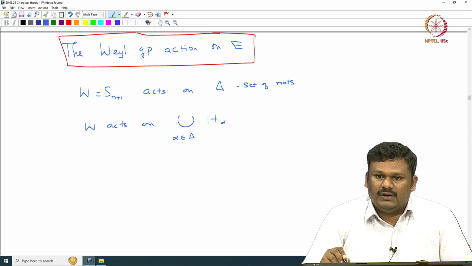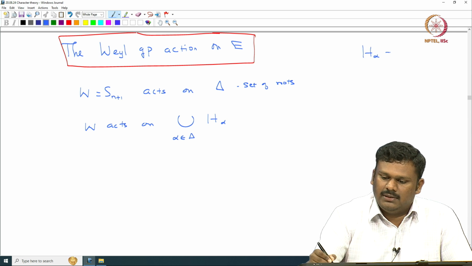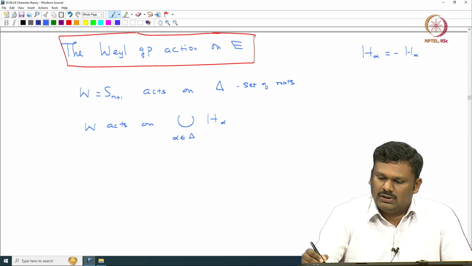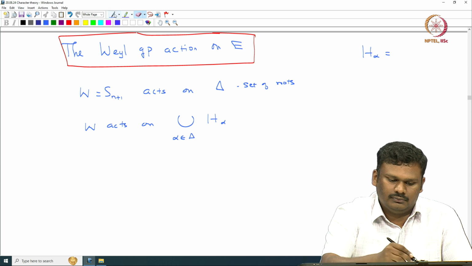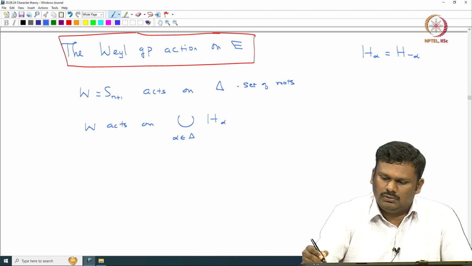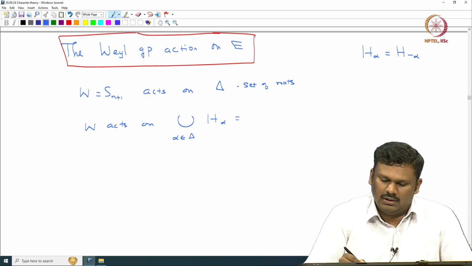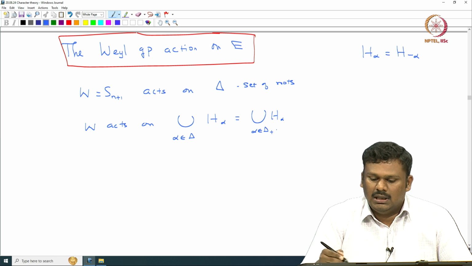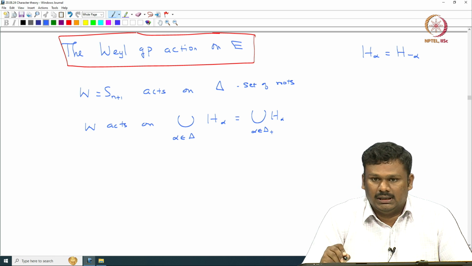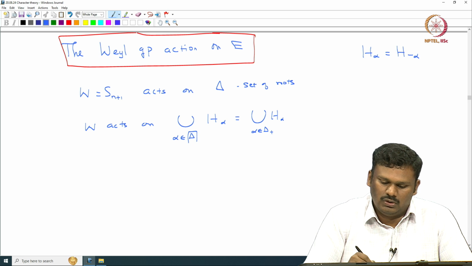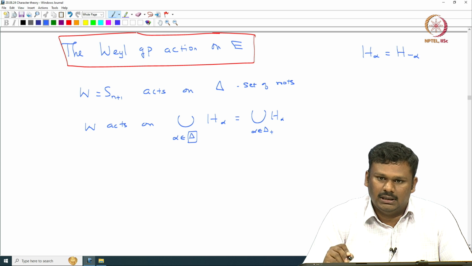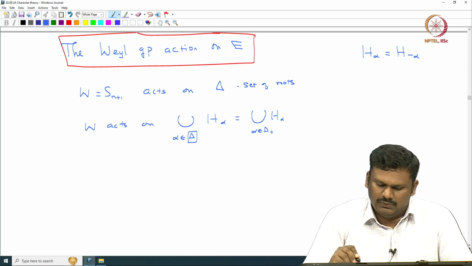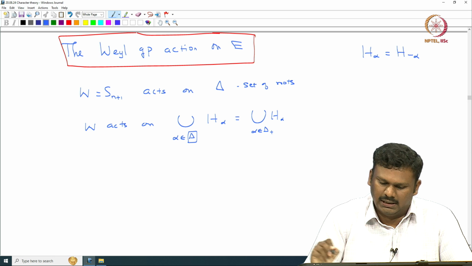Note that H_alpha is the same as H_(minus alpha). So, you can think of this set as the union over alpha in delta plus, but delta plus is not invariant under W. That is why we want to replace it with something that is invariant under W, so we are keeping delta here.